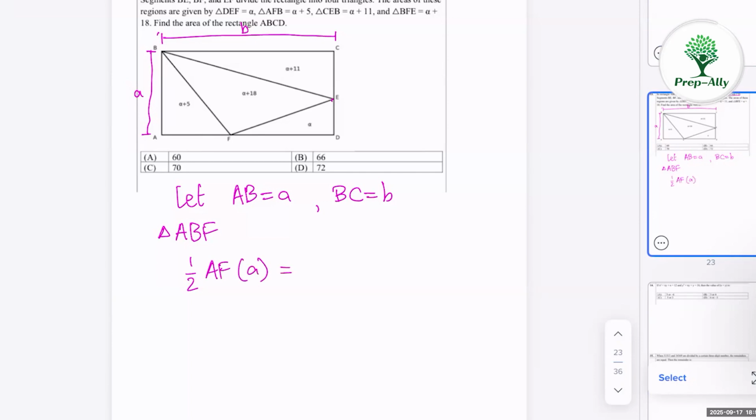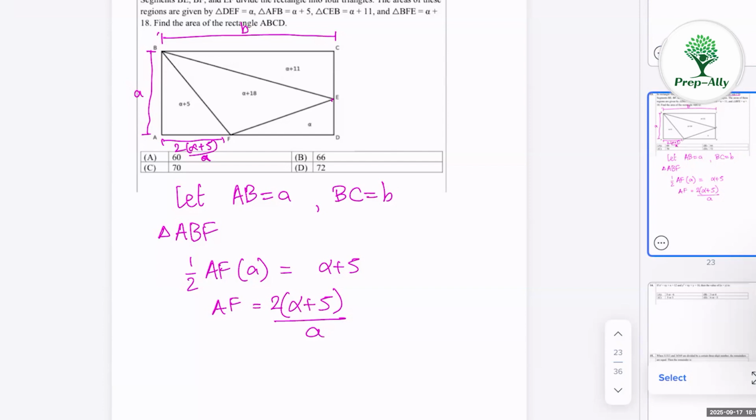Now we know that area is alpha plus 5. So we can write AF as 2 times alpha plus 5 by a, right?